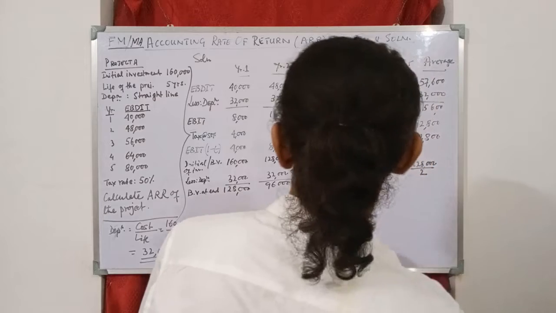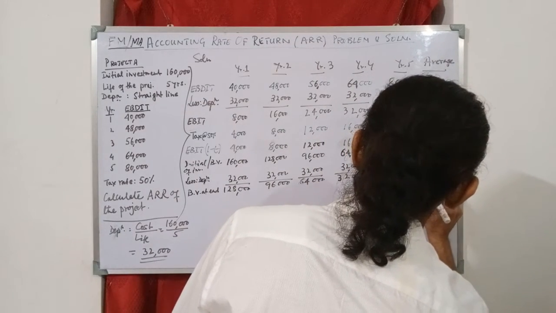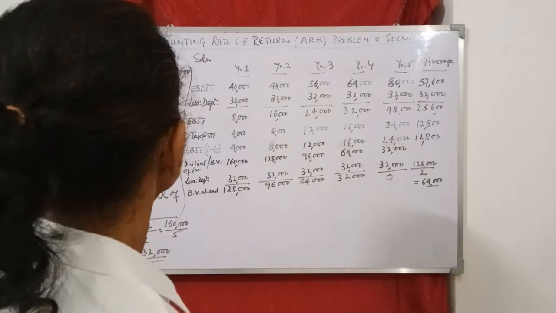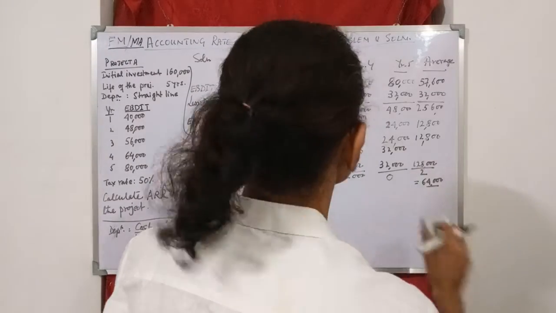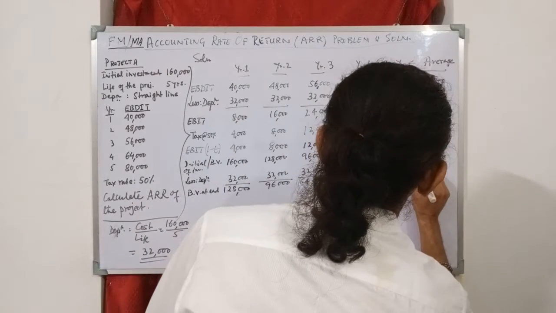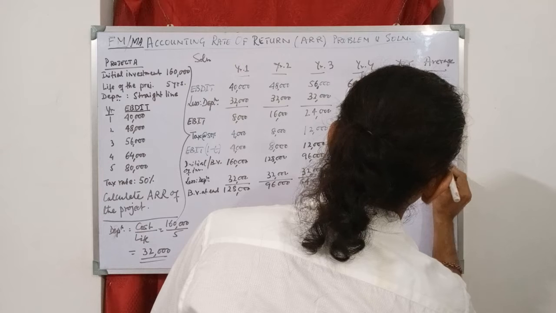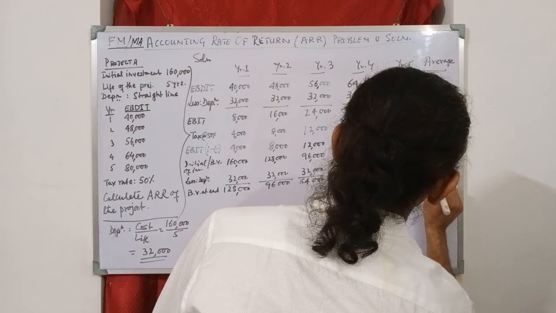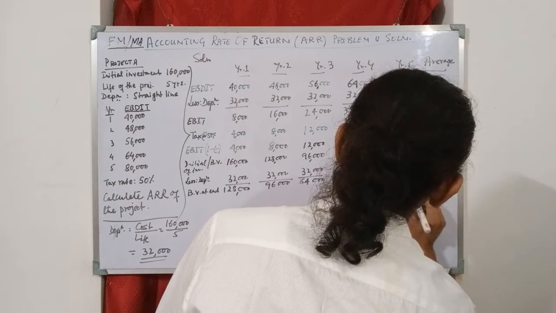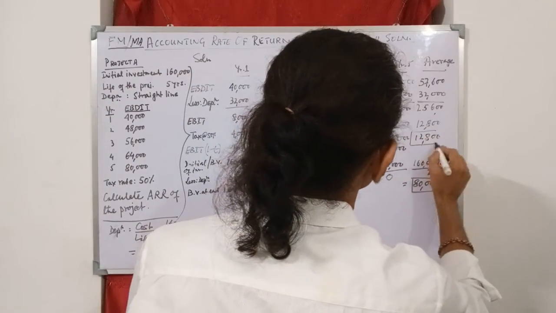I beg your pardon. This will be 160,000 initial investment plus 0 book value at the end of 5th year divided by 2 equals 80,000. So average investment is 80,000 and average profit is 12,800.